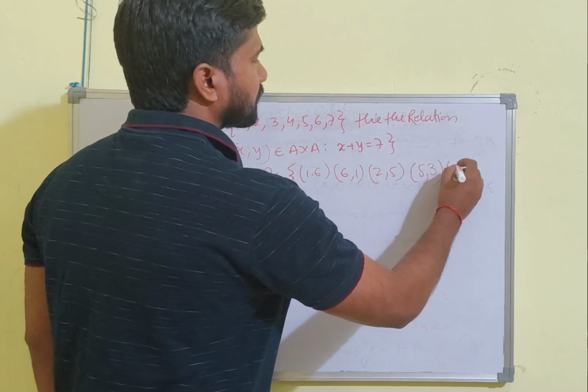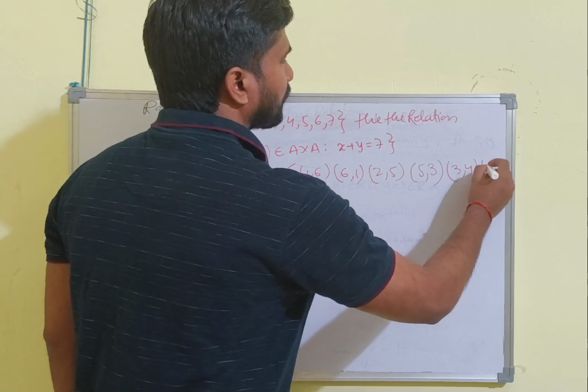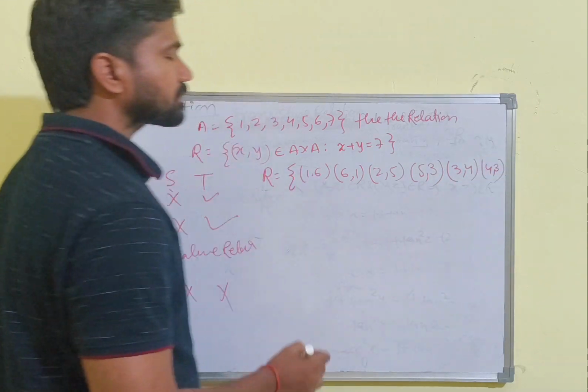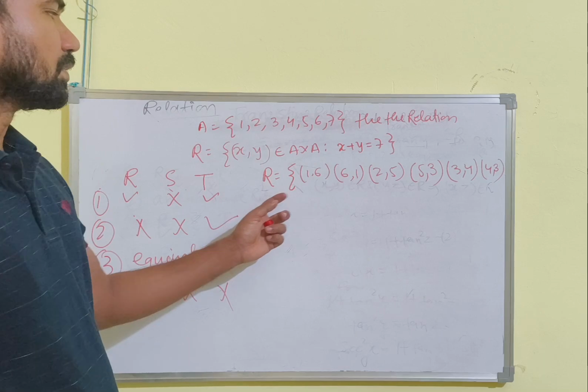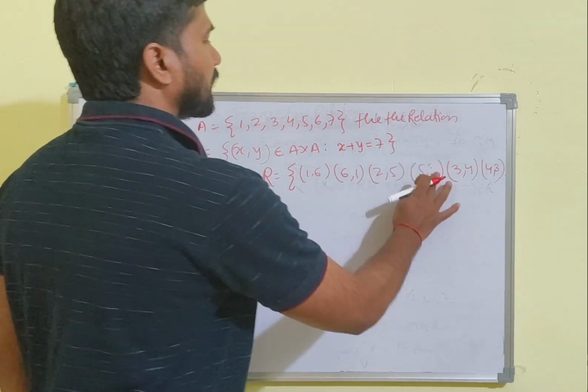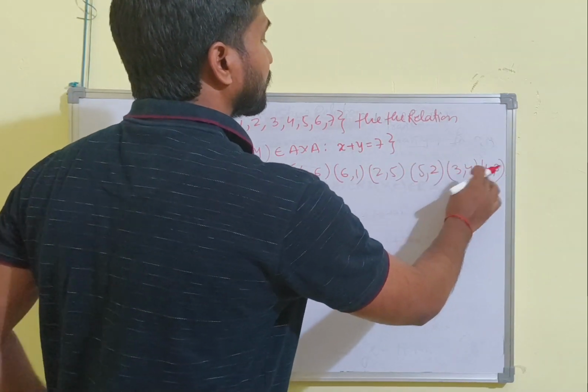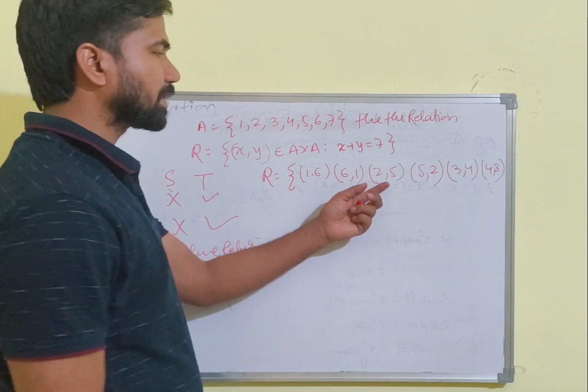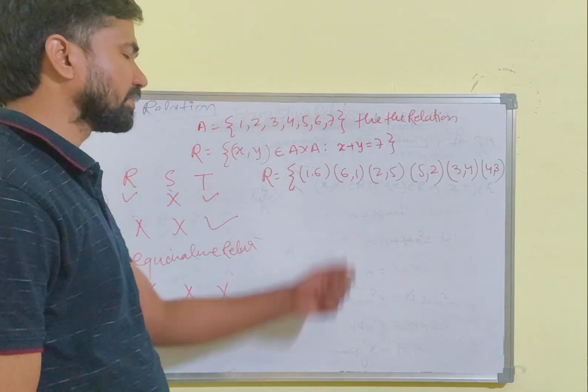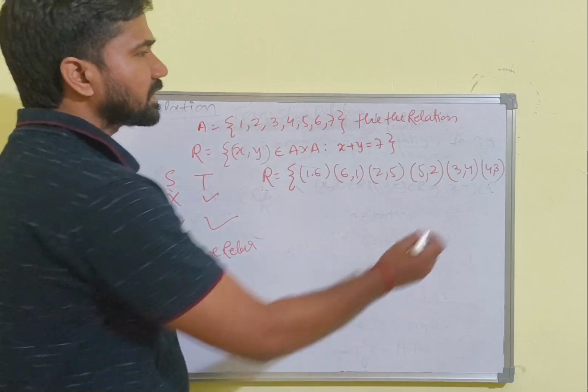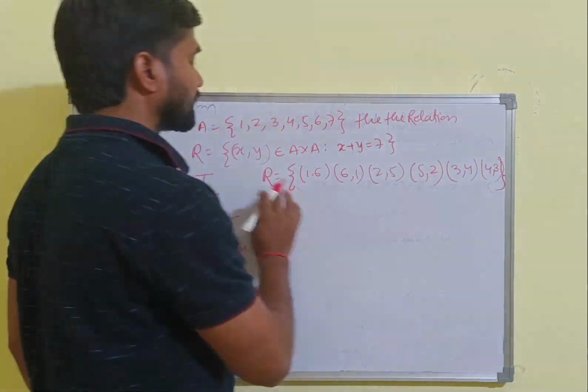After that, 3 comma 4, 4 comma 3. Next 5 comma 2, 2 comma 5 we have written, 6 comma 1, 1 comma 6 we have written. So this is the total set of ordered pairs in relation R.